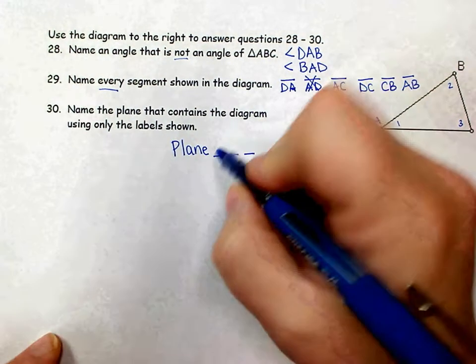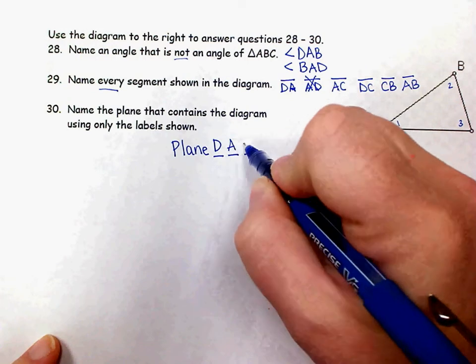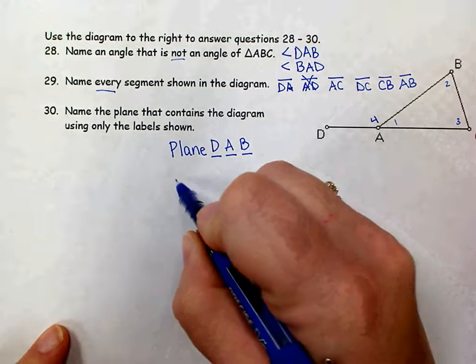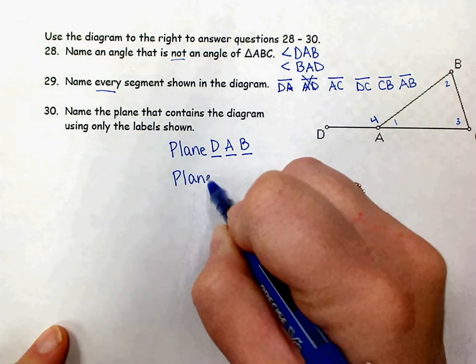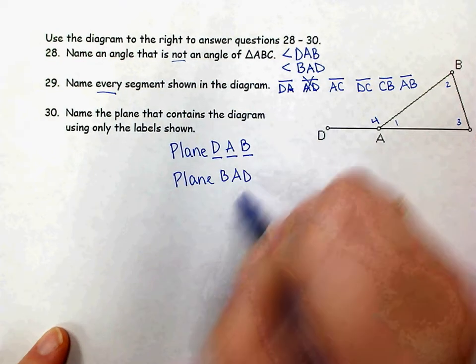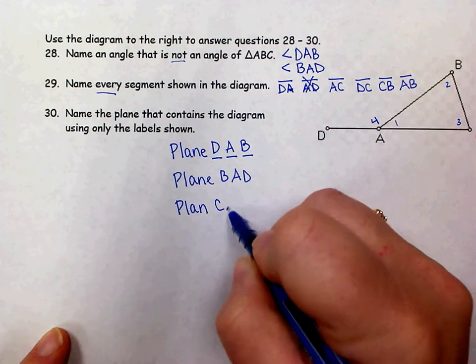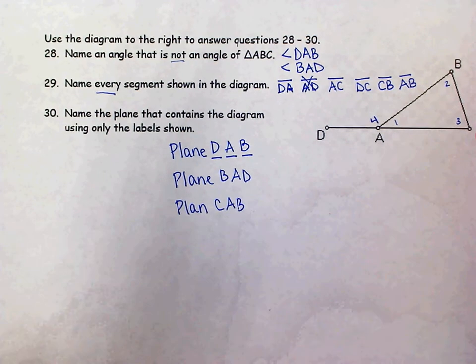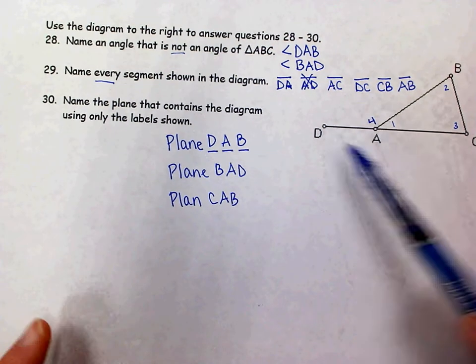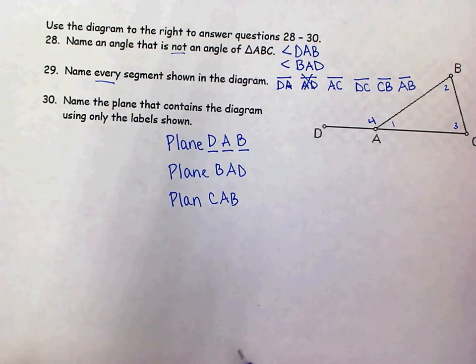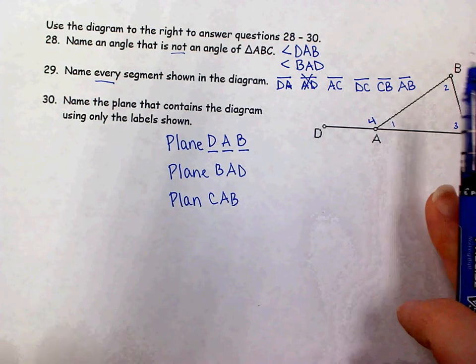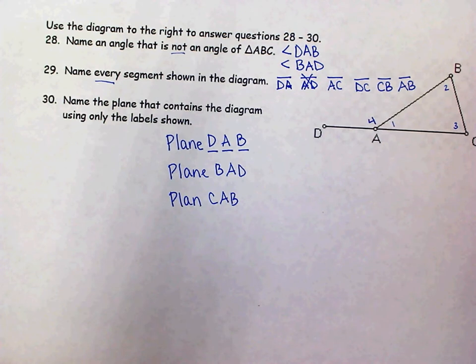So if you wanted it to be plane DAB, then name it plane DAB. You could name it plane BAD. You could name it plane CAB. There's so many different things that you can name this. Any 3 letters that you see in this figure, you can name the plane containing them using any 3 letters. There you go.